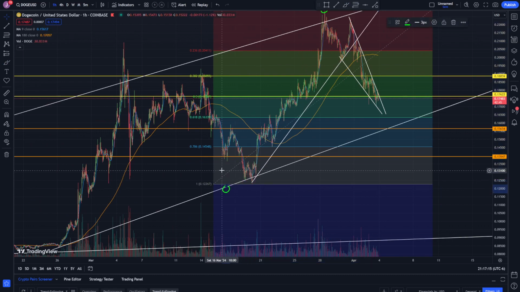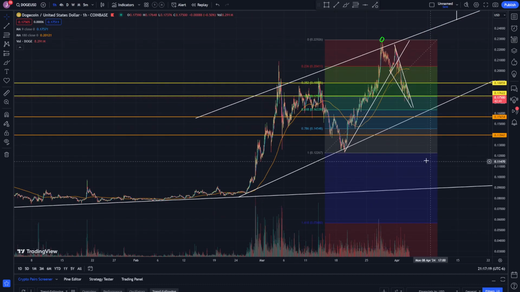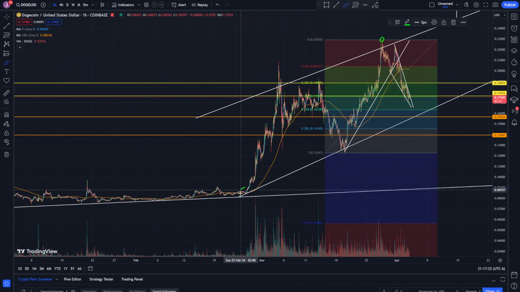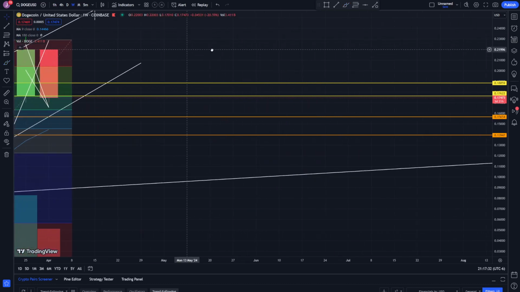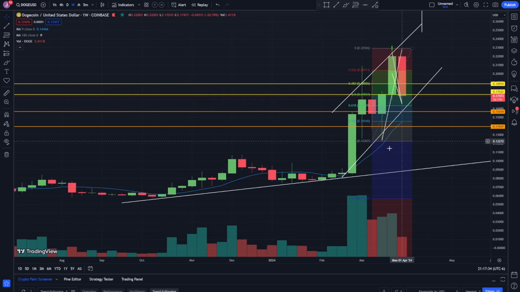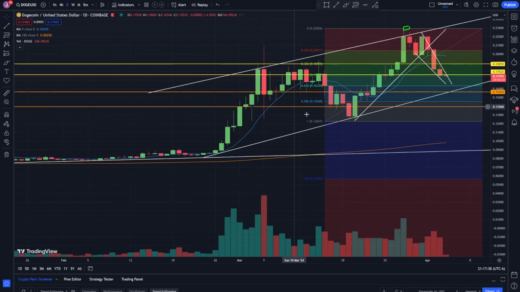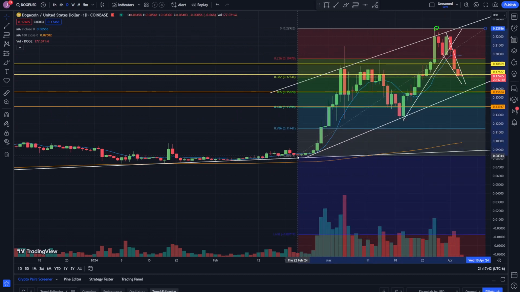All right, so the next thing I want to show you is the Fibonacci retracement from this other trend right here, from this bottom to this top over here. Because if you look at the weekly time frame, you can see that's where the trend starts as far as this bigger trend. So let's go back to the daily. We could actually use this on the daily time frame, and it kind of starts somewhere down here.